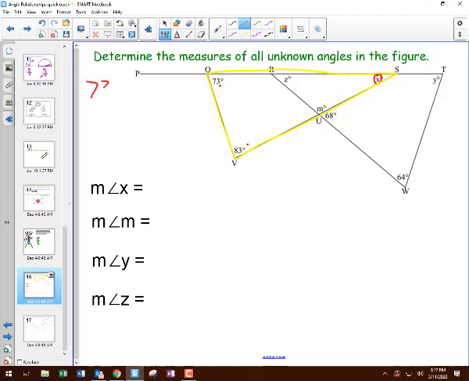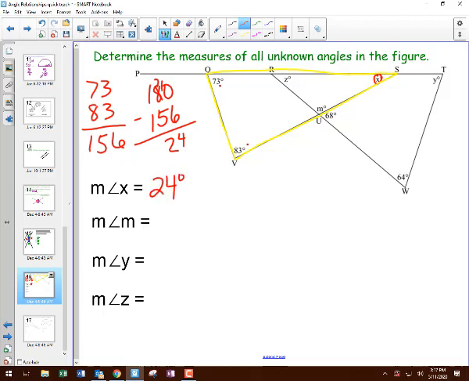So I have 73 and 83, which is 156. Now x should equal 180 minus 156. So x is going to equal 24 degrees.